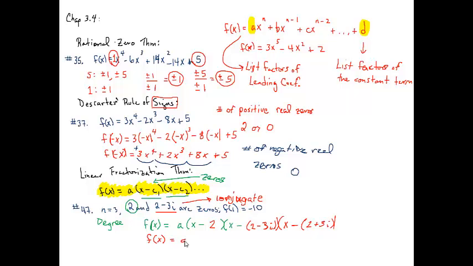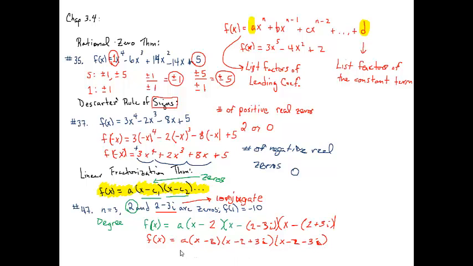I don't know what that constant is out front yet, times x minus 2 plus 3i, and x minus 2 minus 3i. I hope you're listening as well as watching because it's very difficult with this pen.